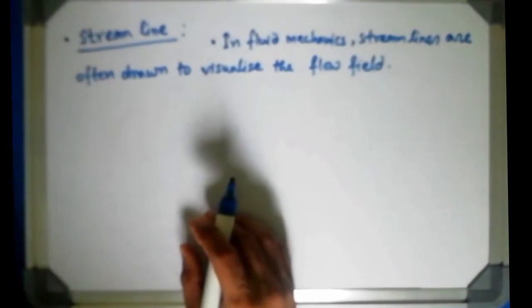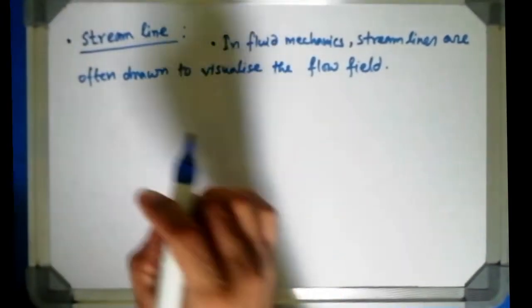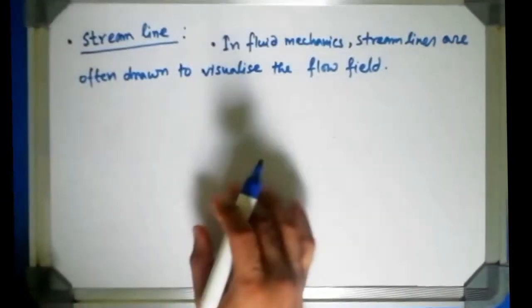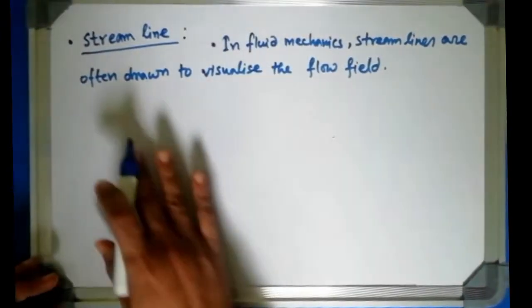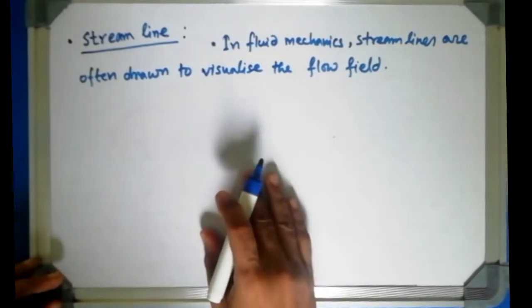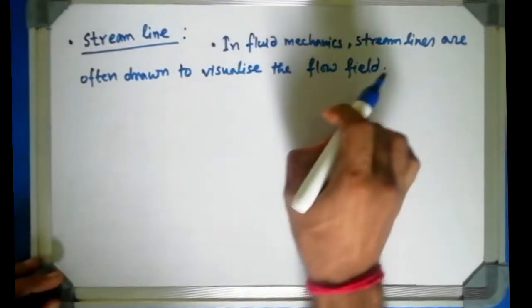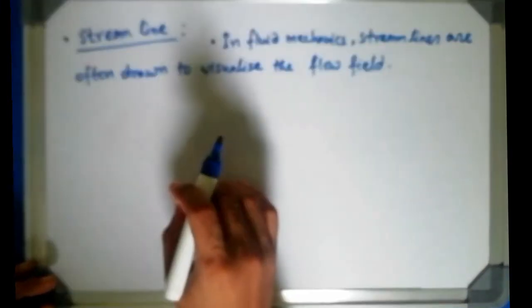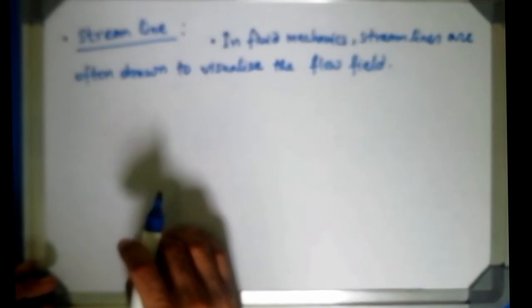A very simple technique is adopted: at every point in the flow field, a streamline is tangent to the velocity vector. Again repeating, in the flow field or flow domain, at every discrete point, if we draw a tangent of the velocity vector, then after joining those tangent points, we can get the streamline actually.